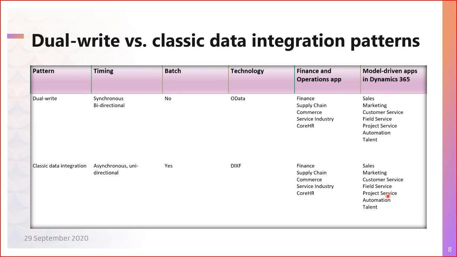DualWrite also has an option to run data in an asynchronous pattern, which I can show you in a bit. You can follow my blogs and YouTube channel for more details, but I can also show you with an example how DualWrite works with the asynchronous pattern. So I'll hold this question for now.